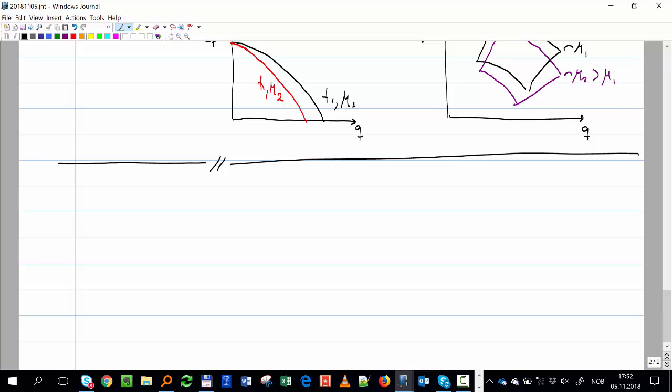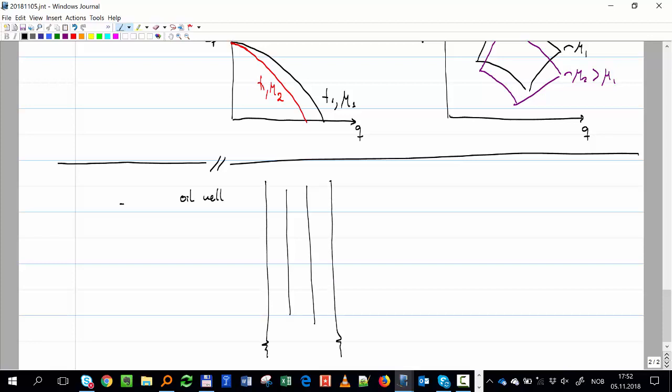Okay, so let's make a well. Let's say that this is an oil well. We like to make wells, right? Just to see what's happening. And let's say that that fluid, that oil, you know about the phase diagram, right? How the phase diagram of a fluid looks.